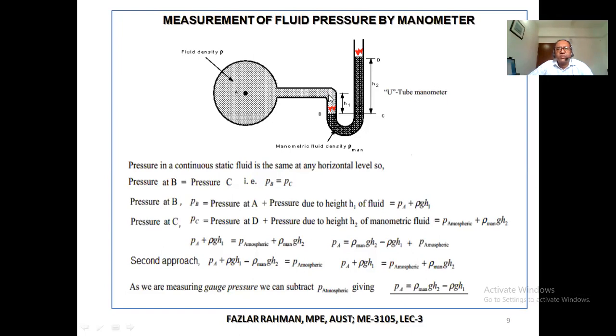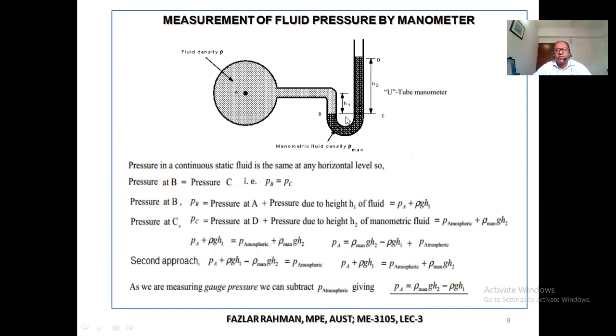Pressure right over here, over here, over here, and over here will be the same because they are on the same horizontal line. So at any region, if we are able to measure the pressure at this point, you can say how much the pressure is inside the tank. Okay.